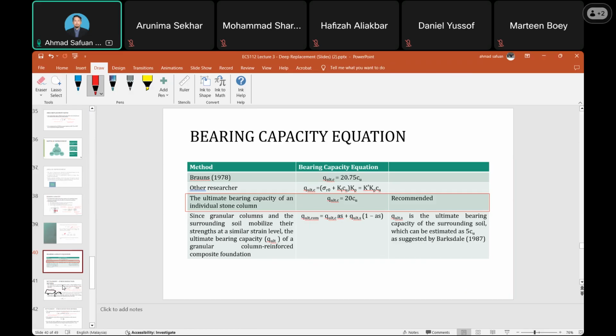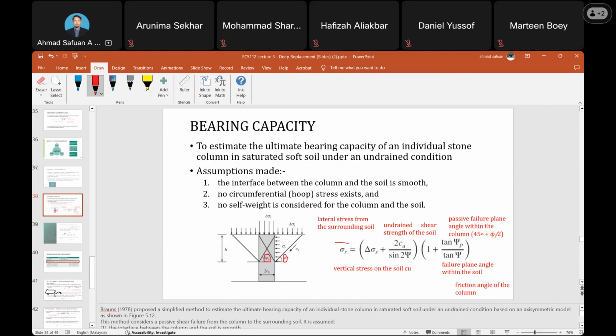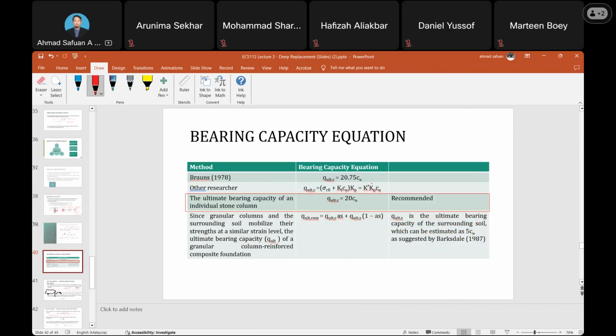Then another researcher estimates the capacity based on sigma R, so this equation is related to sigma R, but it's not common to be used.